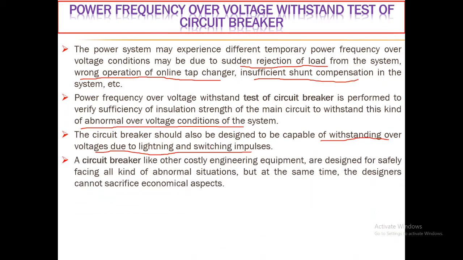A circuit breaker, like other costly engineering equipment, is designed to safely face all kinds of abnormal situations, but at the same time the designers cannot sacrifice the economical aspects. That is a very important point, because if the equipment fails, it directly impacts the economic considerations.